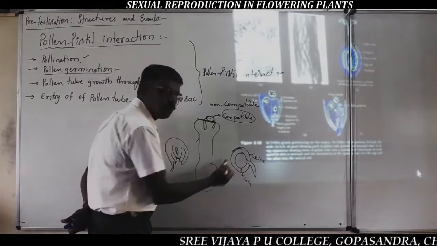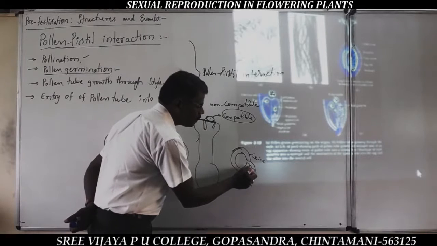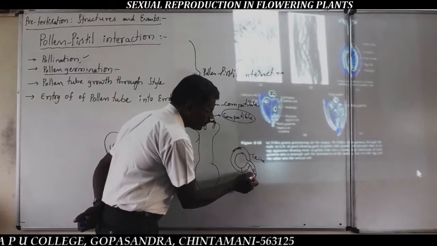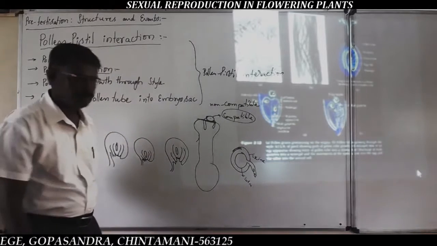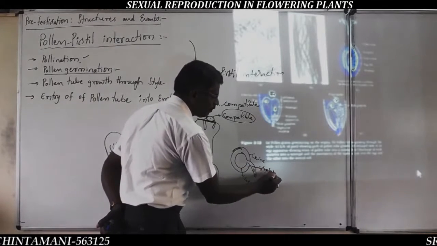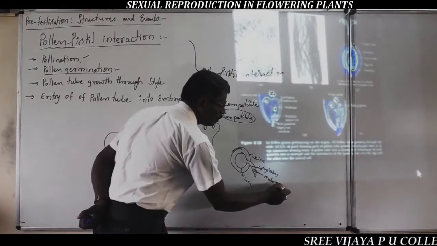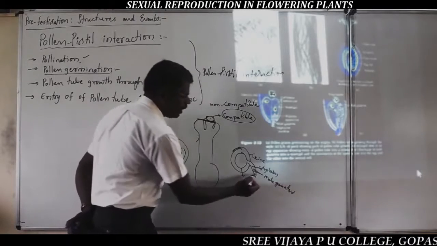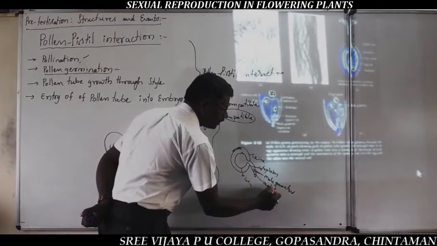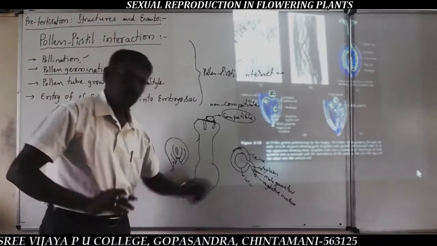The cytoplasm of the pollen grain enters the pollen tube. The two male gametes also enter the pollen tube, and a vegetative nucleus is also present. So the contents of the pollen grain move into the pollen tube.